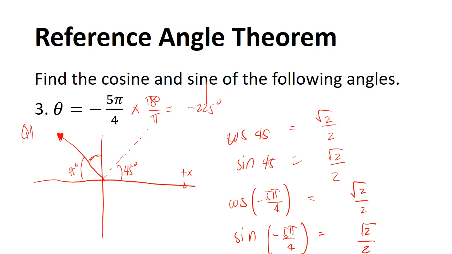So, anong sign natin? Since nasa quadrant 2 yung ating terminal side, sa quadrant 2, si x ay negative, y po ay positive. So, si cosine ay negative, sine as is positive. Therefore, our final answer is cosine ng negative 5 pi over 4 ay negative square root of 2 over 2, and sine ng negative 5 pi over 4 ay square root of 2 all over 2.